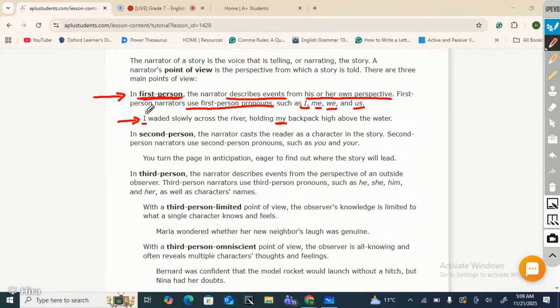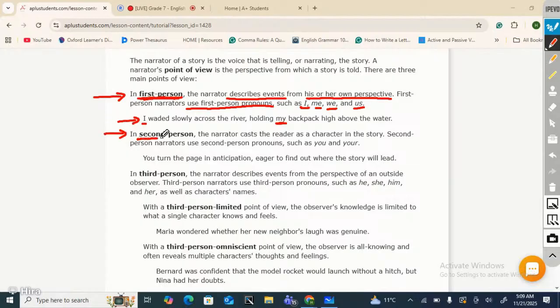Or you can say the narrator is describing events from his or her own perspective. So, this is the first person perspective of telling a story.